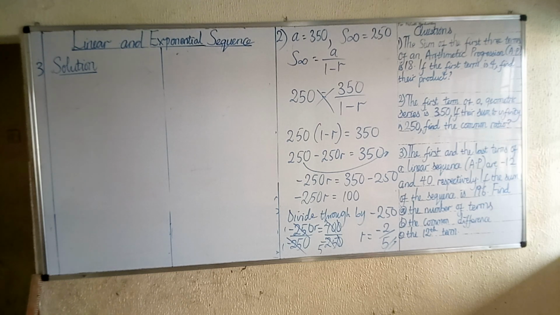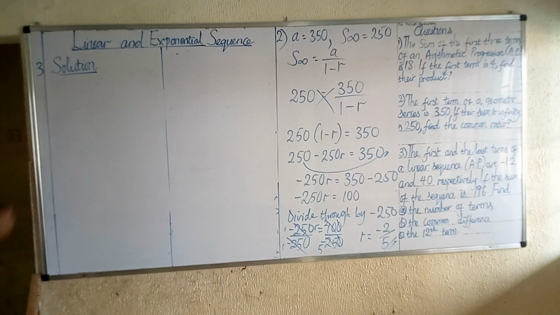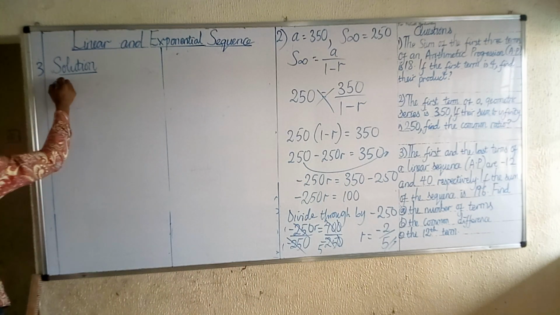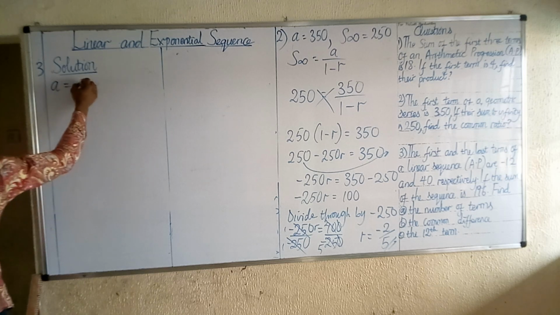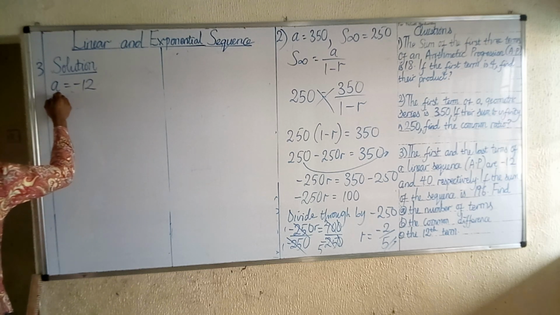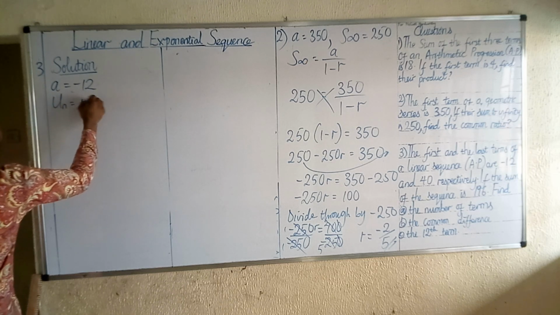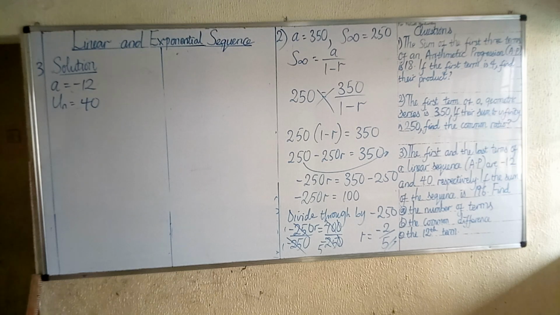If the sum of the sequence is 196, find A, the number of terms, B, the common difference, C, the 12th term. Write out the parameters. The first and the last term. So our A is negative 12. Our last term, the n, is 40.